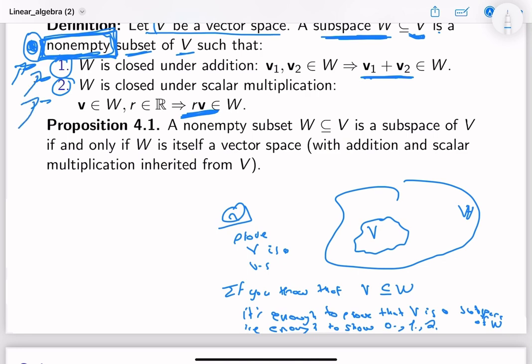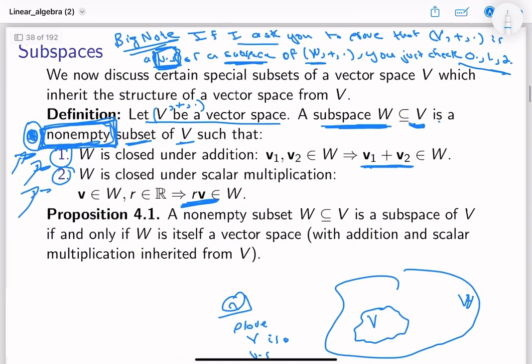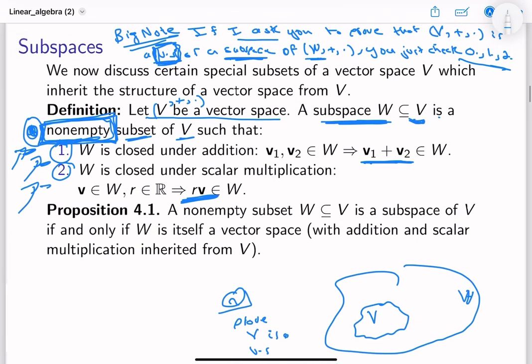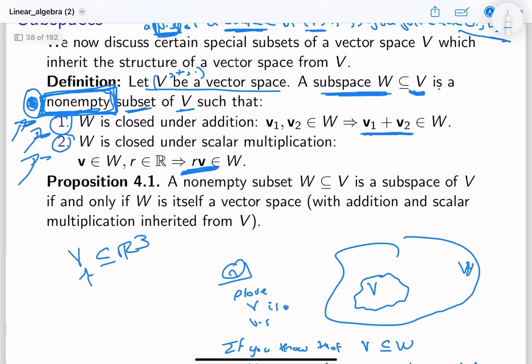Okay? So this is a big tool for you when you're faced with the problem of proving something is or is not a vector space, right? In that case, if you know that this is contained in a bigger space, for example, most of the time you will see complicated examples where you take a subset of R cubed and you impose some conditions on the elements of R3, which are of the form x, y, z.